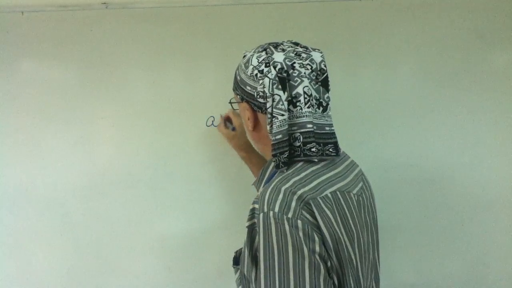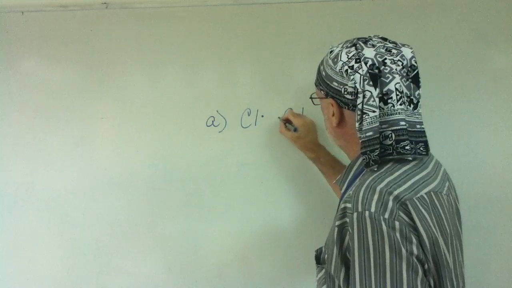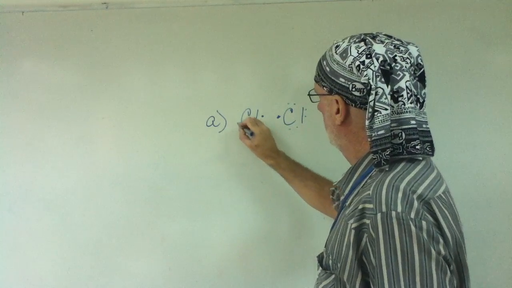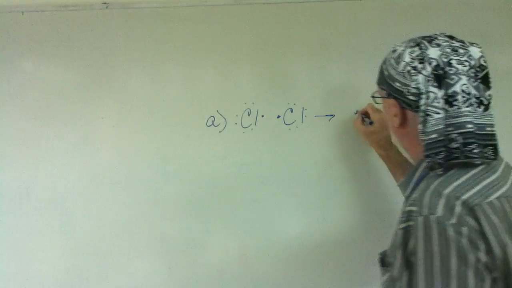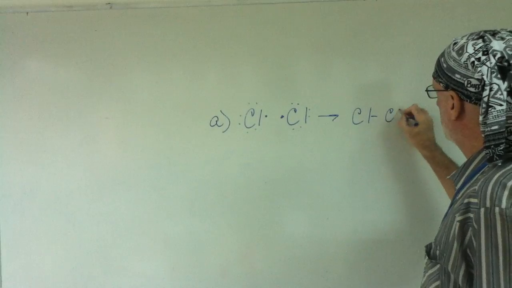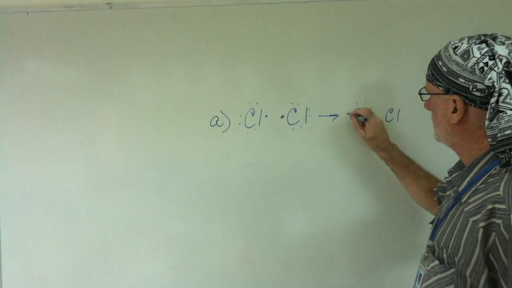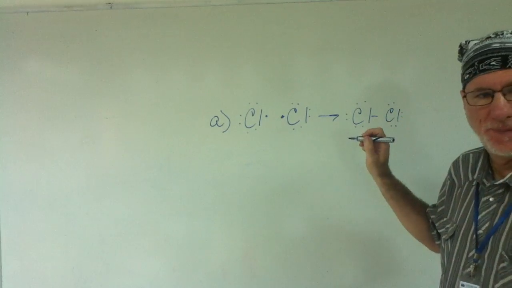Here we go. So the first question that we answered was, let's do it, where we have A as Cl and Cl, and it goes to Cl, Cl like that, where you have the complete... Is that on the screen?